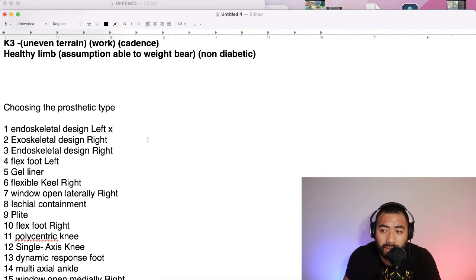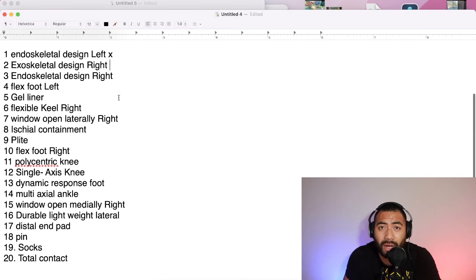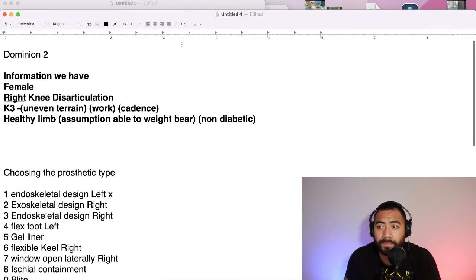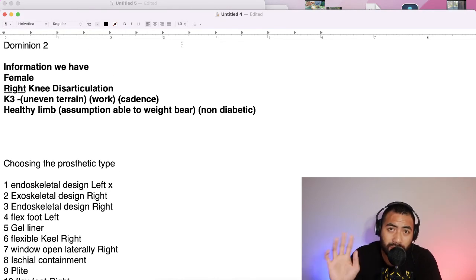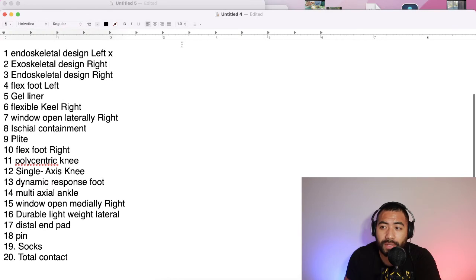Then we're going to go down. Okay, endoskeletal. Hey, if you want to pause right now with all the information that's right here, go ahead and pause and try to do this by yourself. You have the information from Dominion 2 and all the information from here.